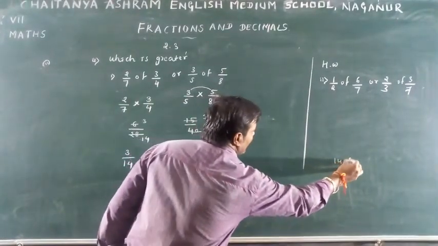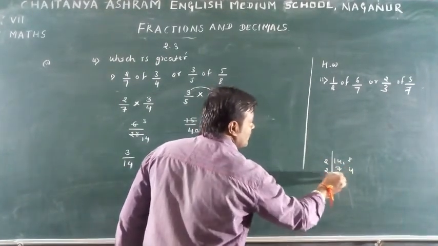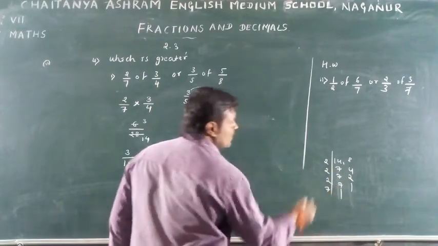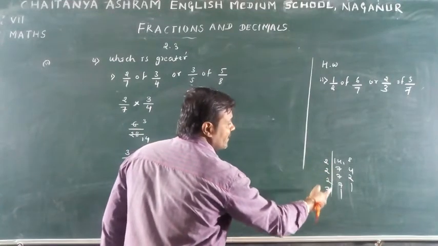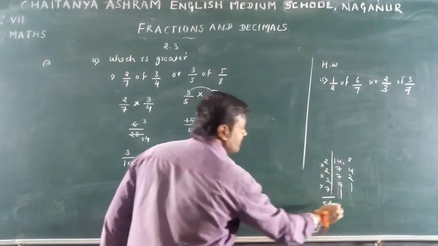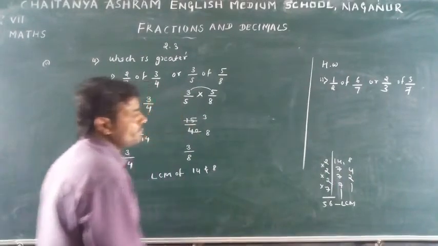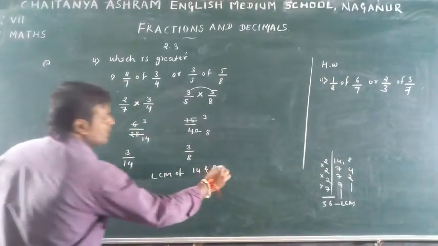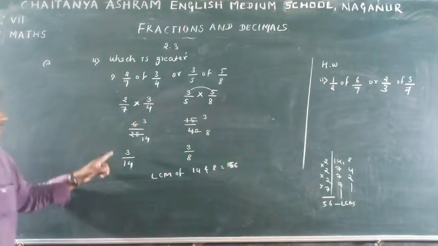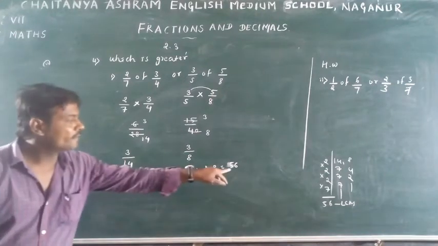So 14 and 8, what is the LCM? 2 sevens are 14, 2 fours are 8, 2 twos are 4, 2 ones are 2, write 7 as it is. 2 twos are 4, 4 twos are 8, 8 sevens are 56. This is the LCM of 14 and 8. So it is 56.